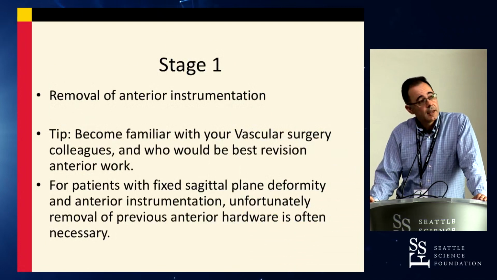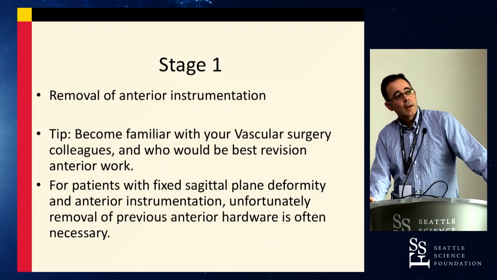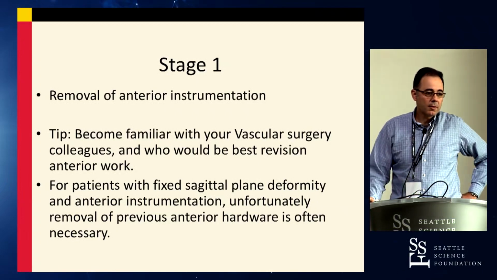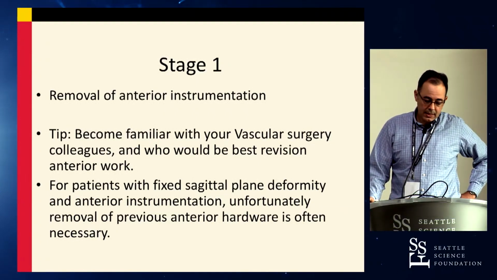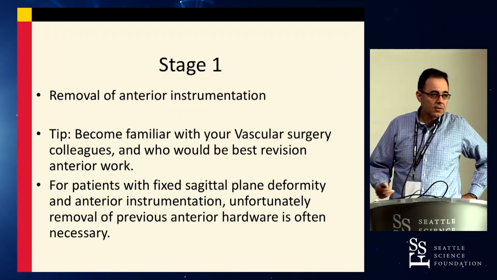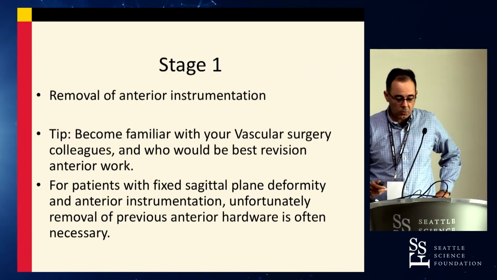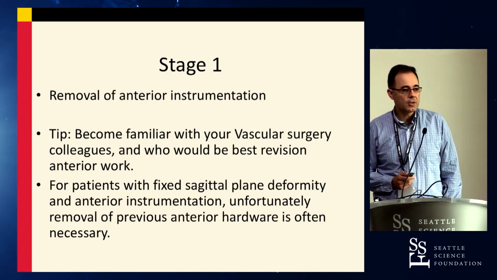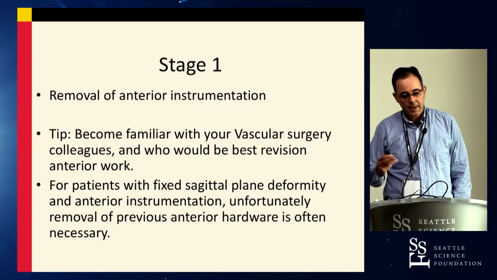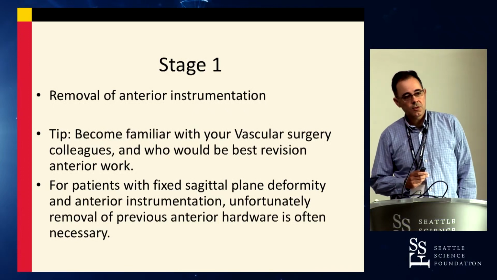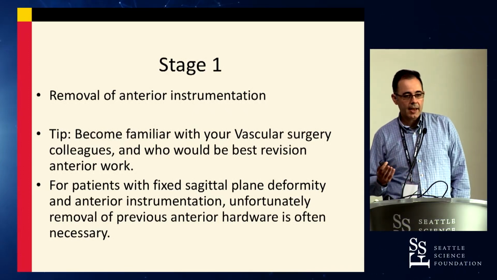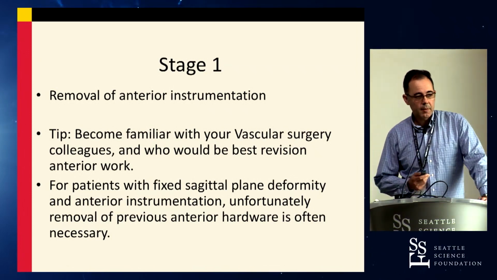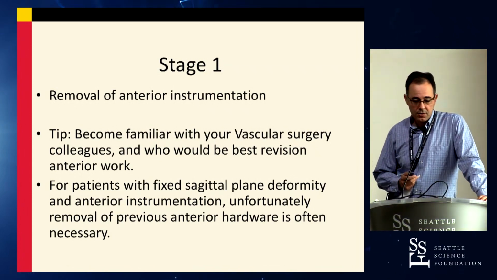Basically, this surgery, in order to be performed, required removal of the anterior hardware, and so the main tip for this case is to familiarize yourself with the vascular surgery colleagues at your institution, so that when you have cases like this where you are forced to do something from the front, you have access to someone who can help you and manage that situation.